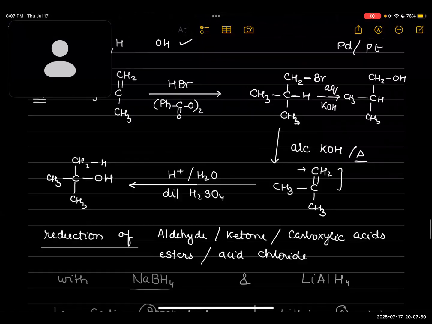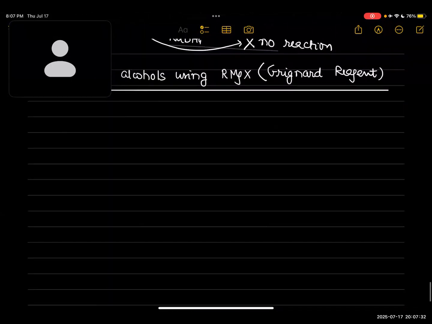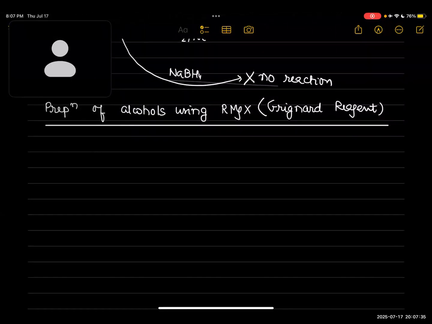Okay, so that's good. So how to prepare Grignard? Suppose we have CH3Br. You can heat it with magnesium. You have pieces of magnesium turnings, small pieces of magnesium available in the lab, and you put some ether because you need to dissolve both of them.